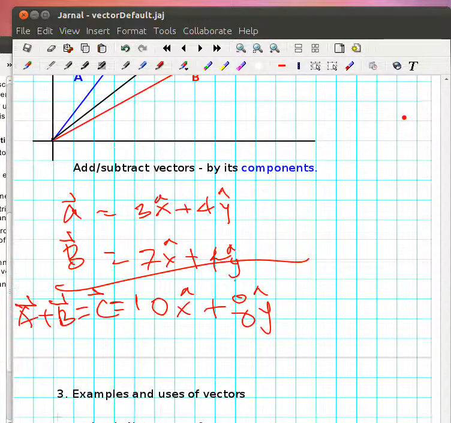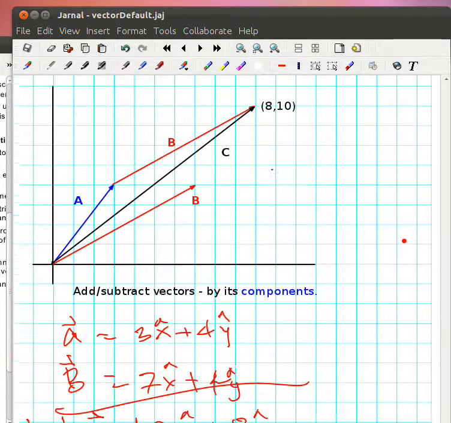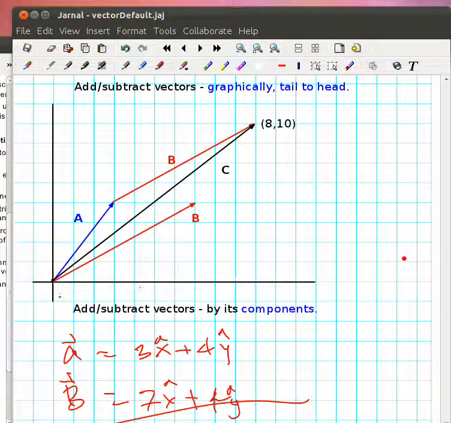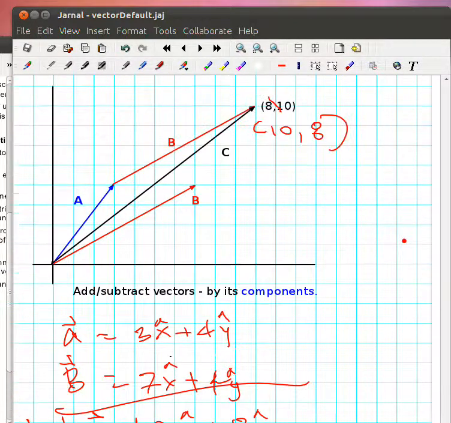Let's take a look here. Is this correct? No, that's wrong, because we count this up: x is going to be 1, 2, 3, 4, 5, 6, 7, 8, 9, 10. So this is wrong. It is actually supposed to be at 10 and 8, because x is at 10 and y is at 8, and we can see that clearly from the component form here.